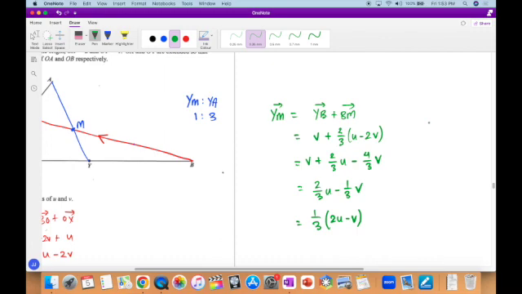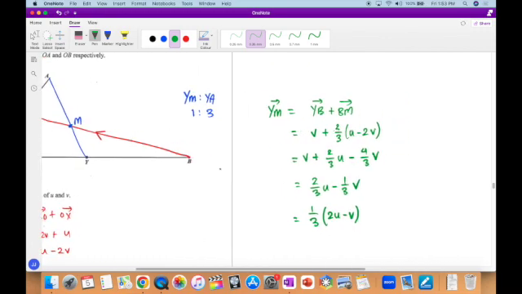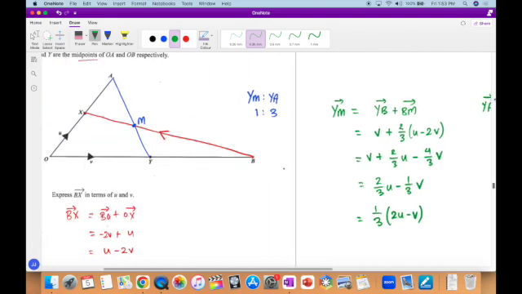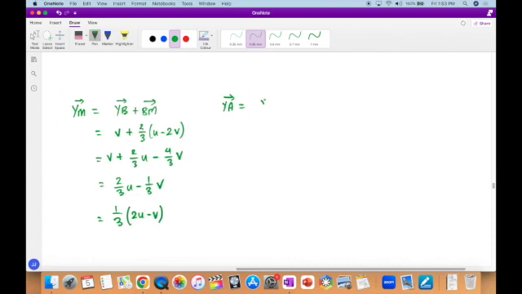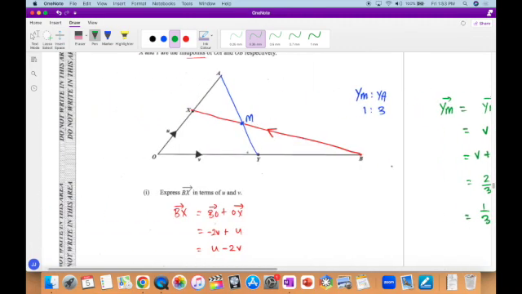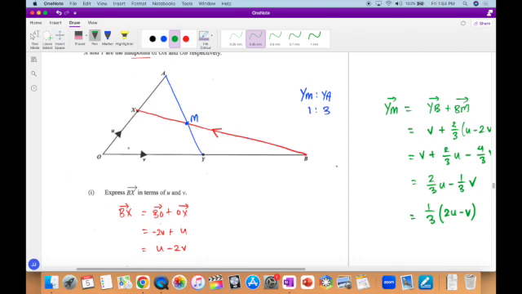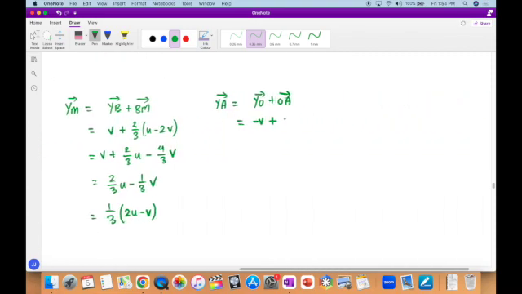Now let's find what YA is. YA will be YO plus OA. YO is minus V, because we're going in the opposite direction, plus OA will be 2U.